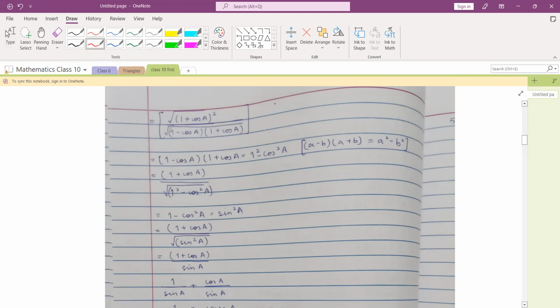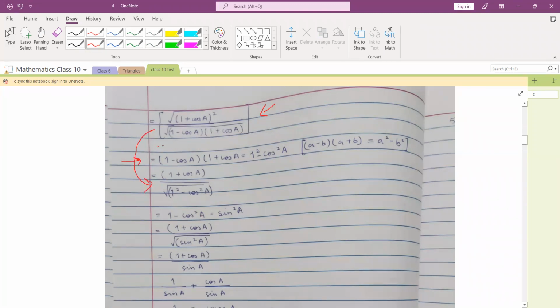Now see here, after this step, 1 plus cos A whole square divided by this thing. Now you are writing this denominator 1 minus cos A and 1 plus cos A will become 1 minus cos square A. So this step will not come with an equal to. The next step after this is this one, isn't it?